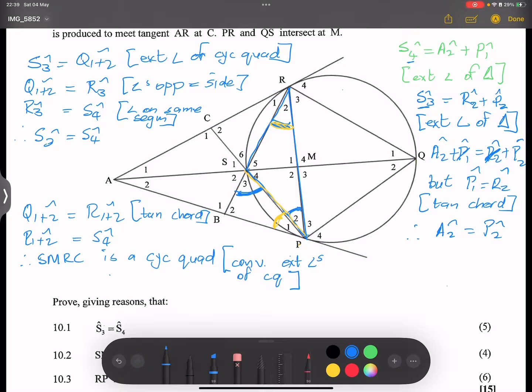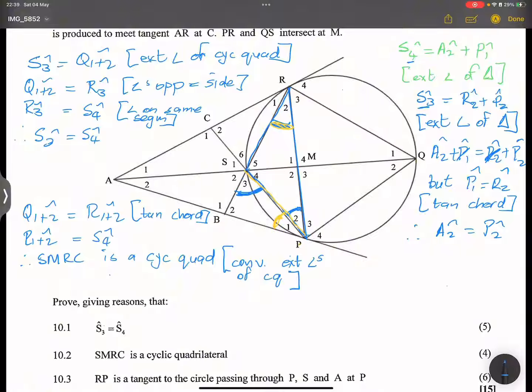And so we have proven that A2 is equal to P2, and so therefore it means that RP is a tangent to the circle passing through P, S and A. And why is that? Because we've applied the converse of the tan-chord theorem.